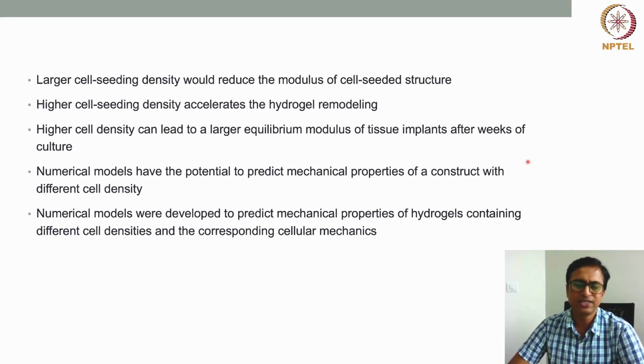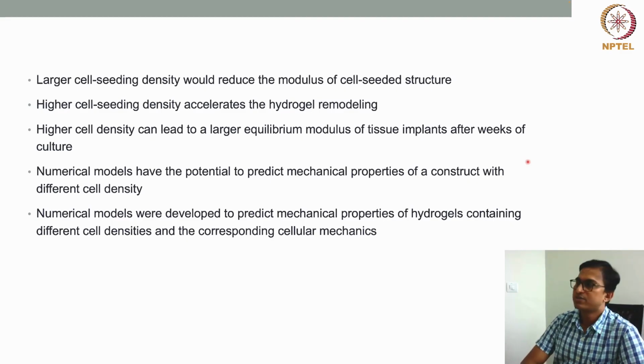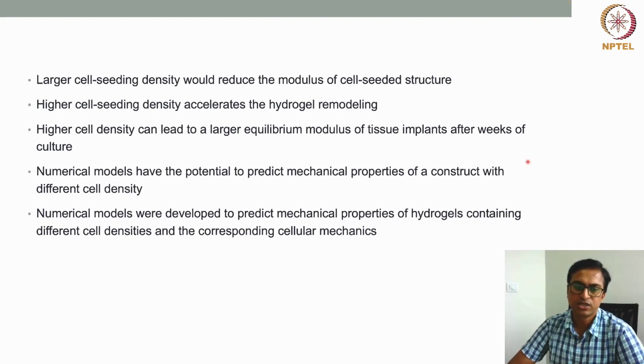And if it can be predicted, that is a very good thing, because you can have a better idea of what number of cells is required to start your bioprinting work. There are different numerical models that have been developed to predict the mechanical properties of hydrogels at different cell densities and the corresponding cellular mechanics.